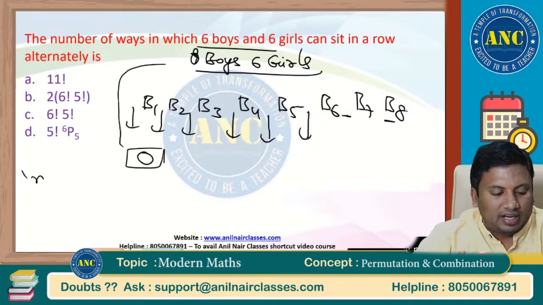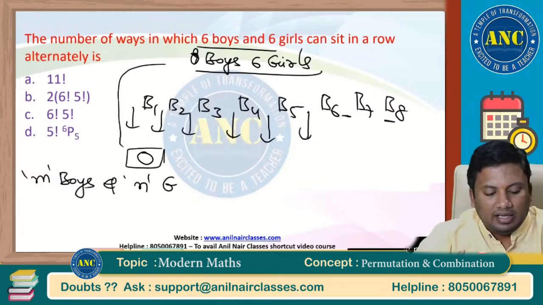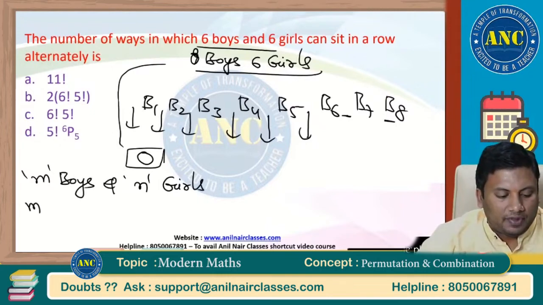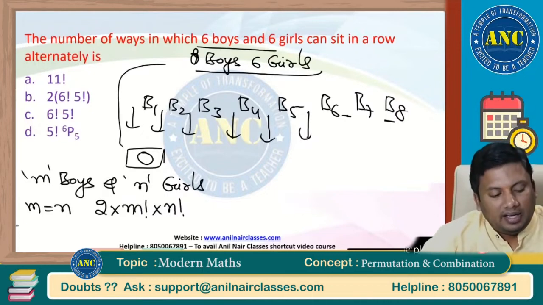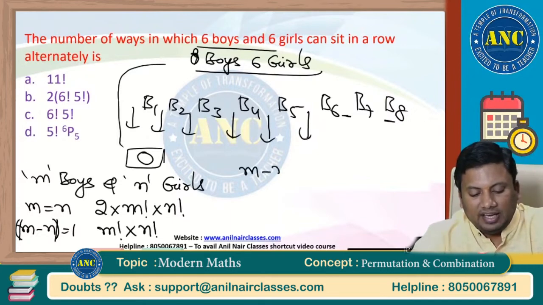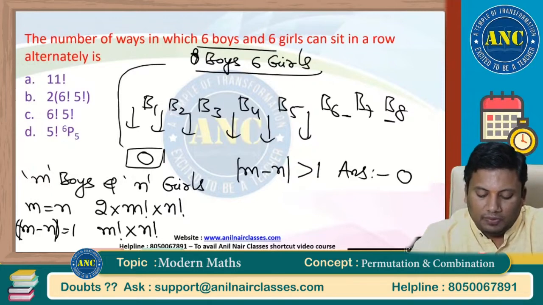That means if there are m boys and n girls, if m equals n, what will be the answer? 2 into m factorial into n factorial, right? Or if the difference m minus n is 1, then it is m factorial into n factorial. If the difference m minus n is greater than 1, then the answer is 0 ways. Please make a note of it, sir.